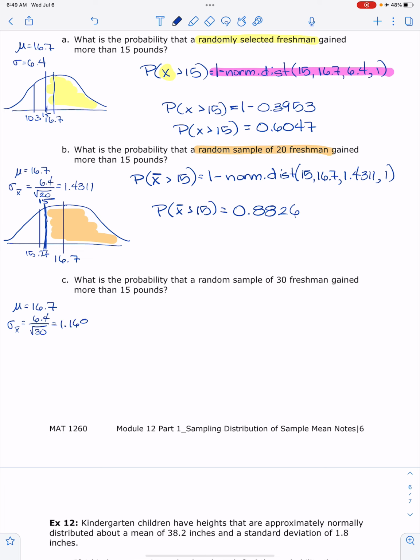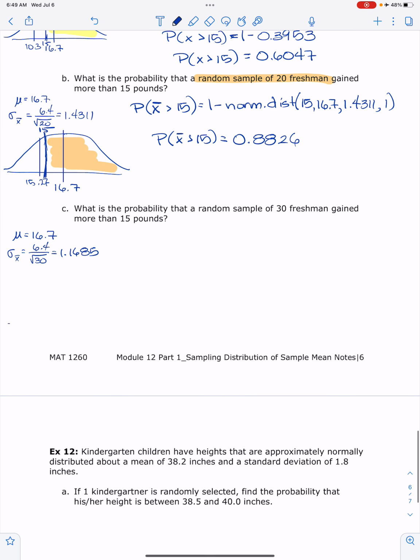So I get a standard deviation that is smaller. I now have a standard deviation of what, 1.17, so 15.53 here.